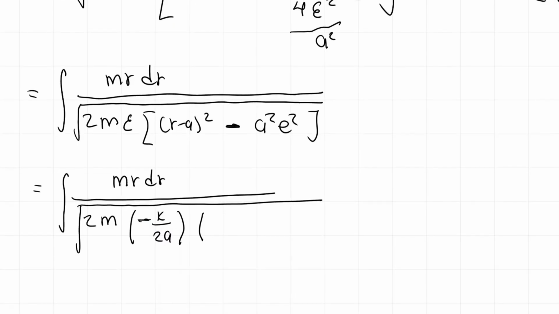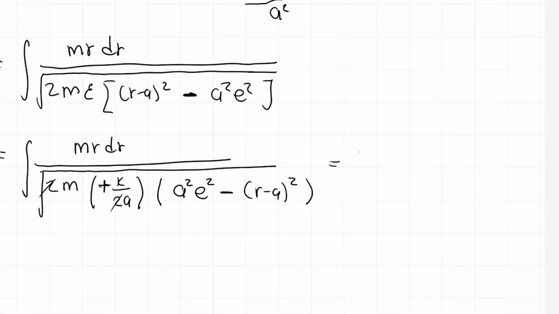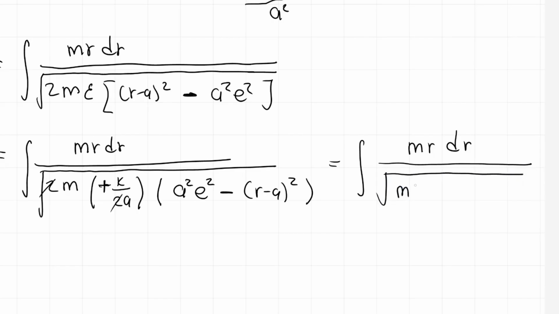Okay, so this is going to be a squared e squared minus (r minus a) squared, and that will change that to a plus here. Okay, we can cancel these twos, and this is going to be equal to the integral of mr dr all over the square root of mk times a squared e squared minus (r minus a) squared. And here is an a, okay?